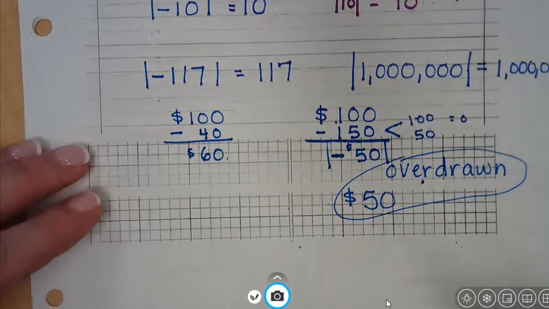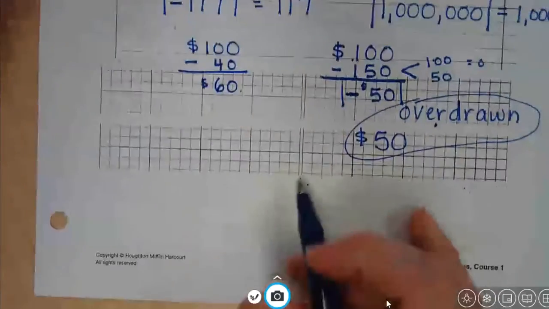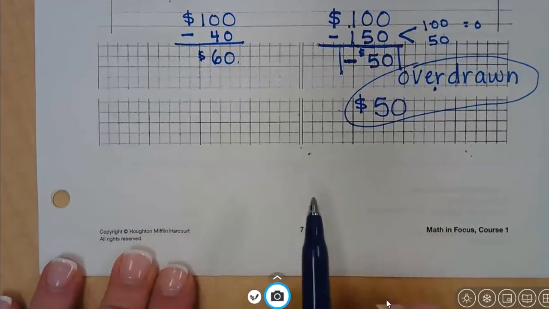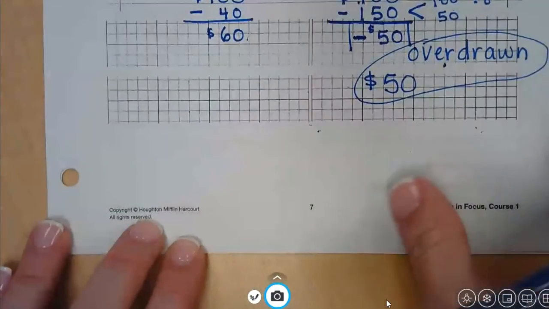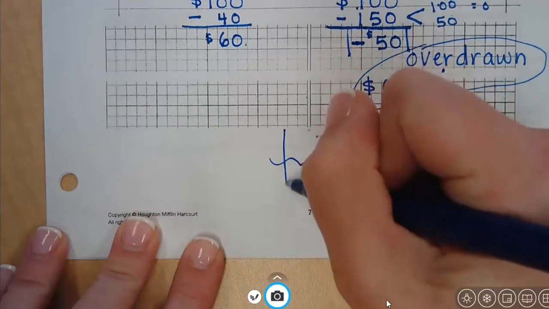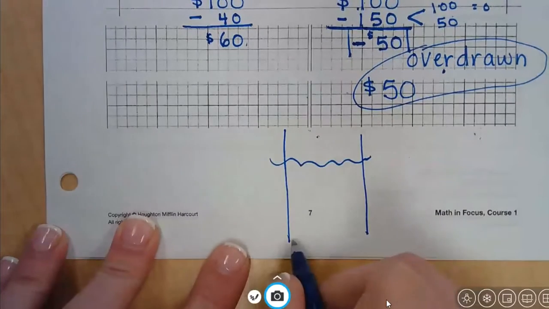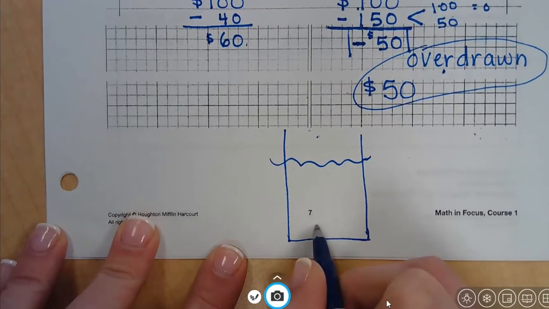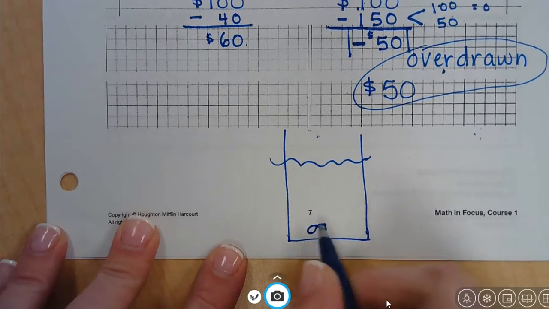Okay. We can also think of, like, if we were thinking of sea level, and let's say I had a fish tank or something like that, and maybe I have a bottom feeder down here. I'm just going to draw a fake fish.